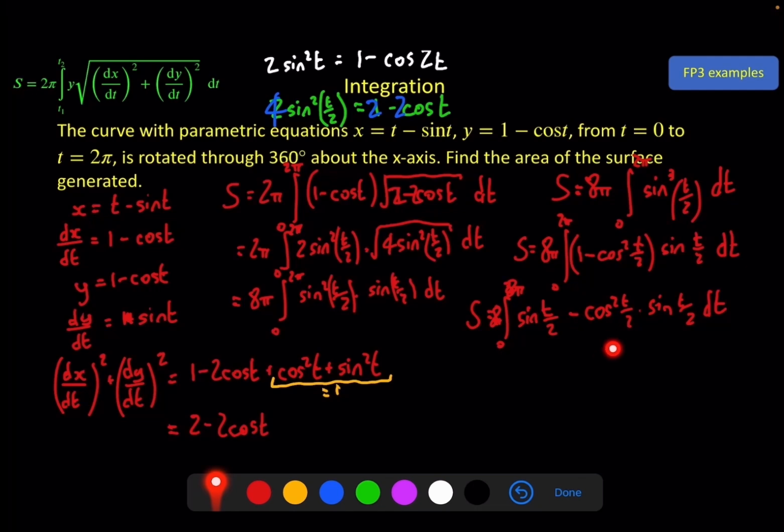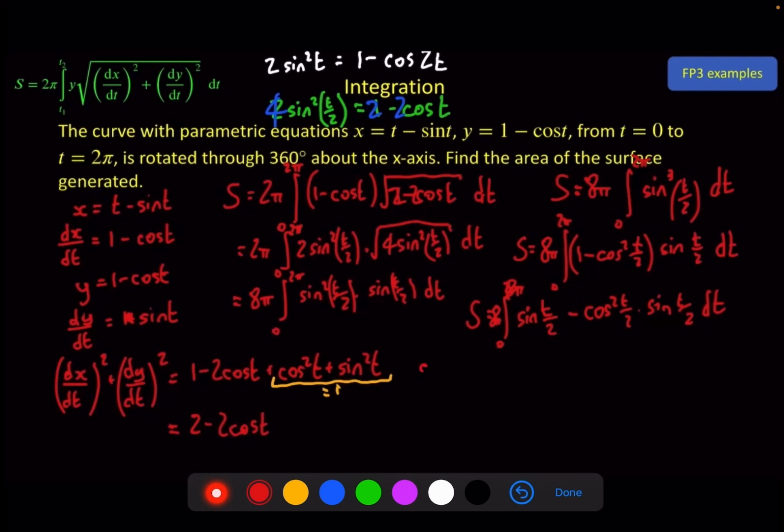So this thing, if you remember your standard patterns, has come from a cos cubed, because when you differentiate cos cubed, you get 3 cos squared times by sine. And that's the pattern we're going to use to integrate this.